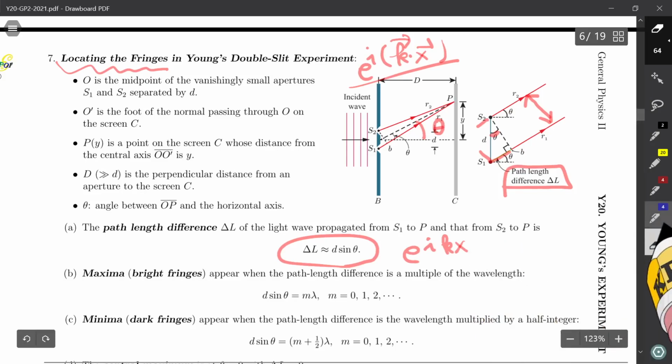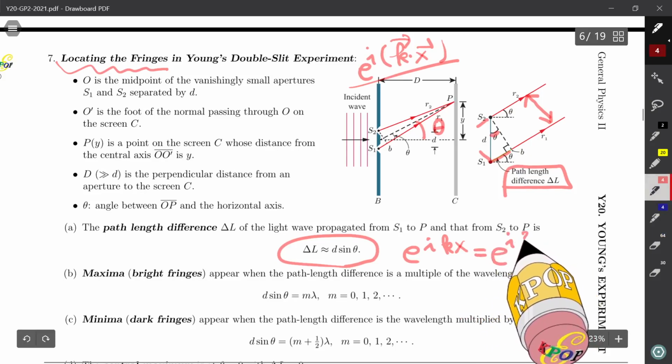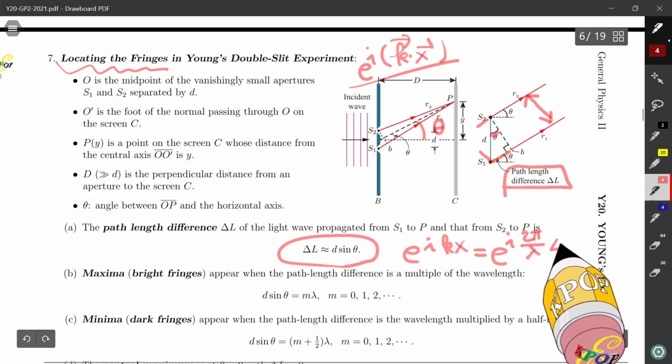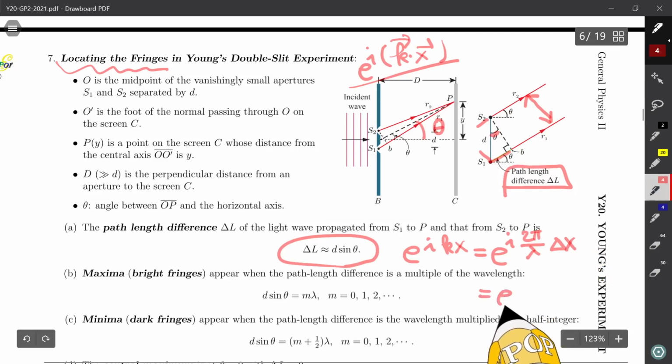The exponential has 2 pi over lambda, and we have delta x. So it's exponential of i times 2 pi delta x over lambda. So this is crucial.